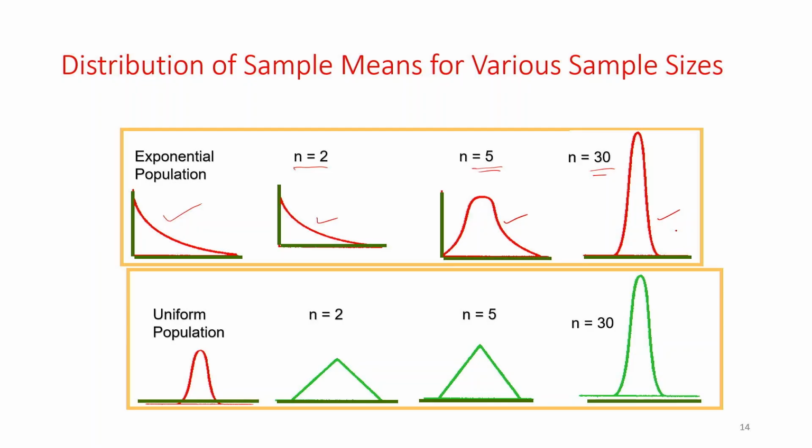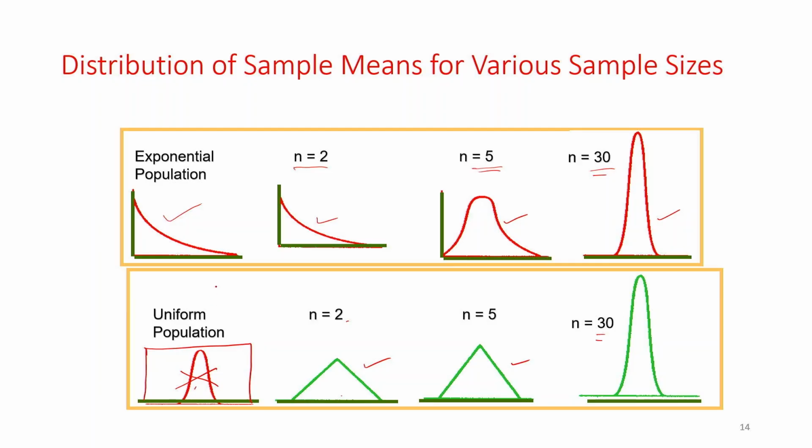For the uniform population, if we take n equal to 2, this is the distribution of the sample means. If we go for 5, it will look like this. If we go for 30, the distribution will be symmetric and very close to normal.